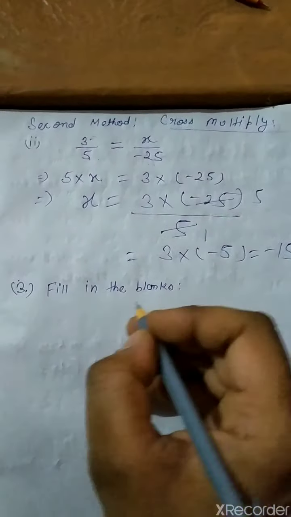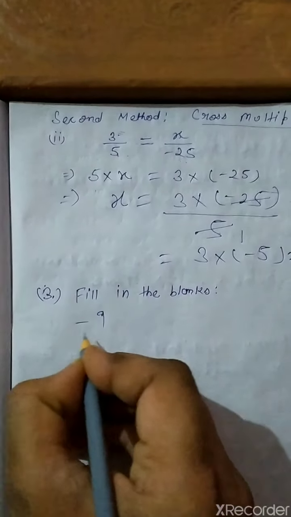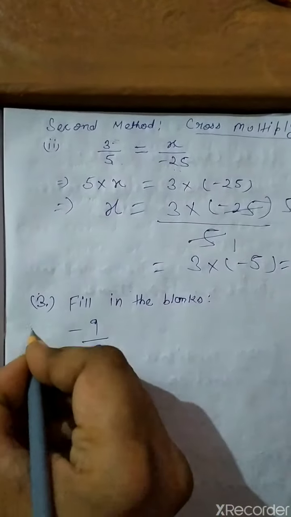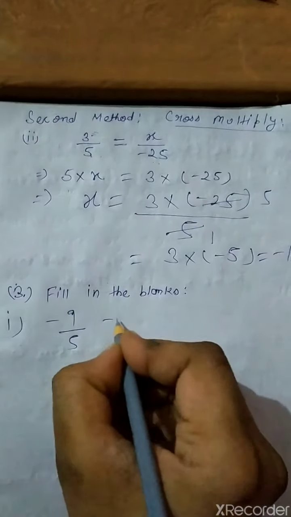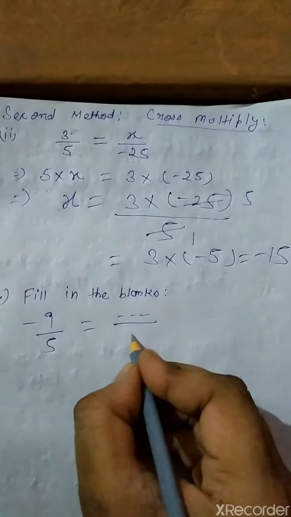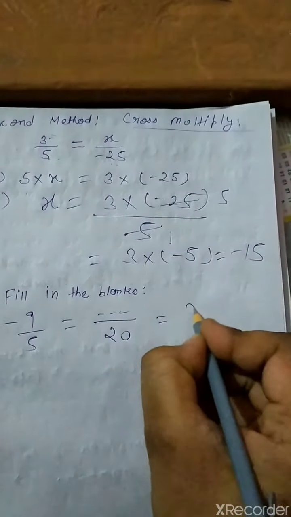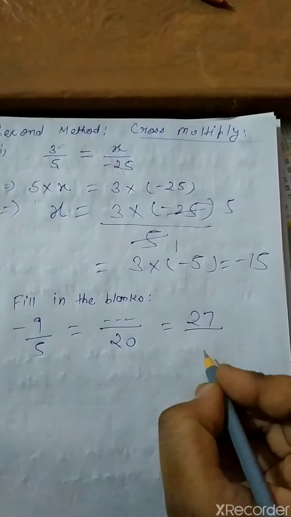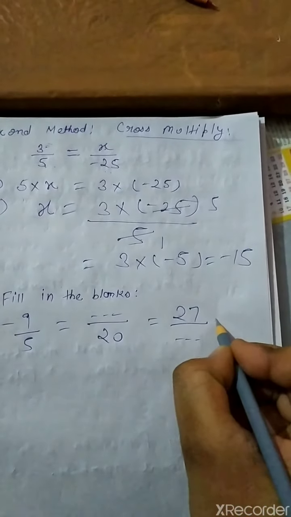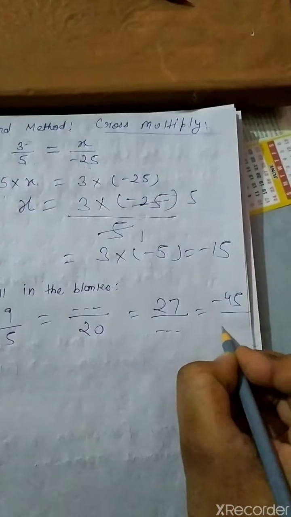Now see some fill in the blanks questions based on this concept. Minus 9 by 5 equals blank by 20 equals 27 by blank equals minus 45 by blank.